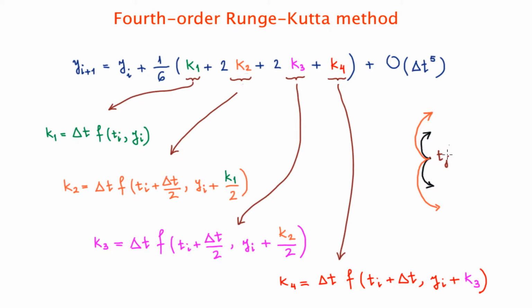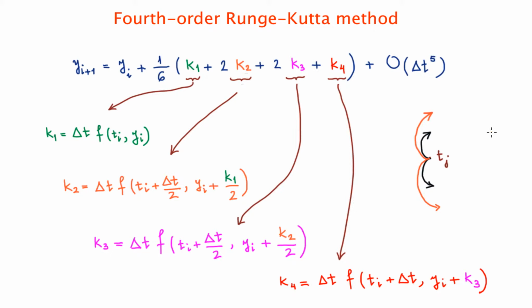Playing with all those four equations, we have to deal with them in a proper way, so that we should be able to get rid of the terms that are proportional to delta t squared, delta t to the third power, and delta t to the fourth power, so that the remaining error goes like delta t to the fifth power.